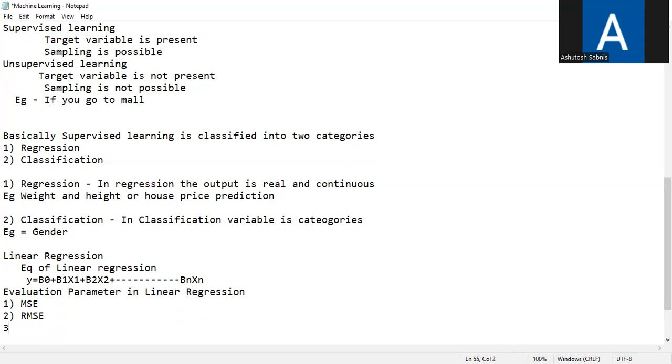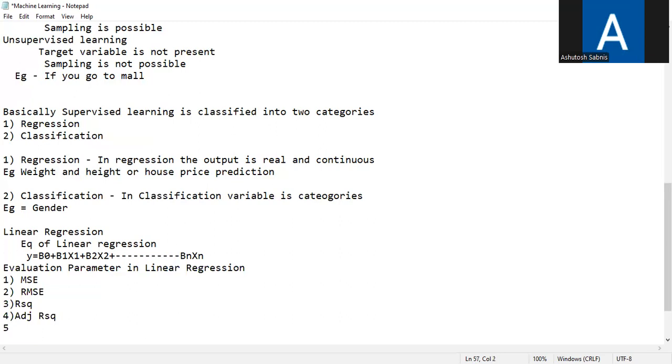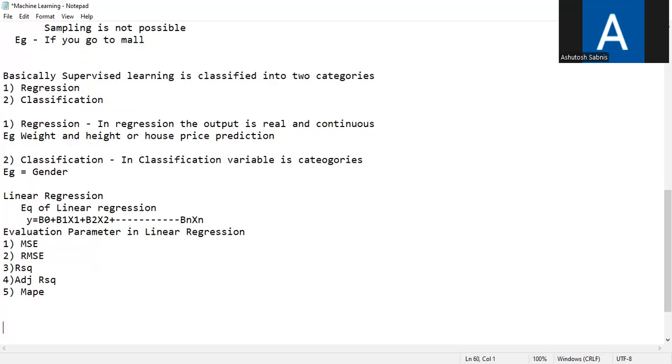Third one is R square. Fourth one is adjusted R square. And fifth one is mean absolute percentage error. We will see these in detail one by one. So first of all, we will start with R square.